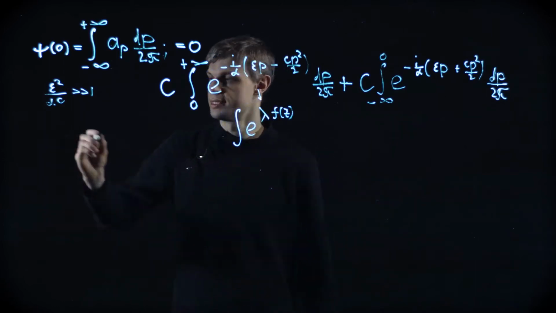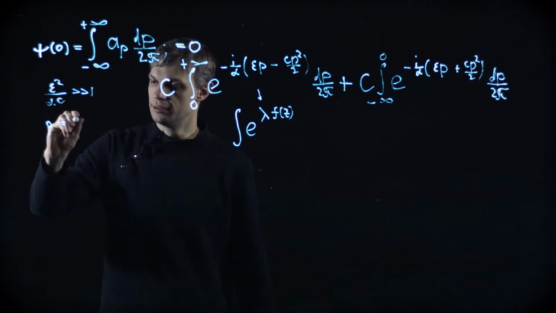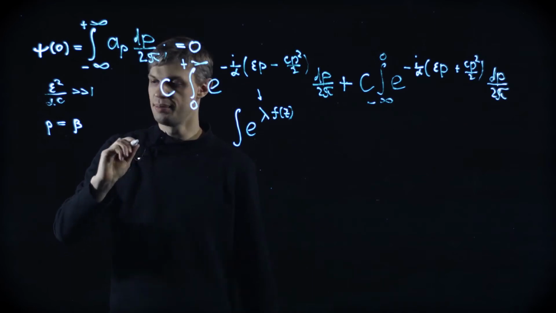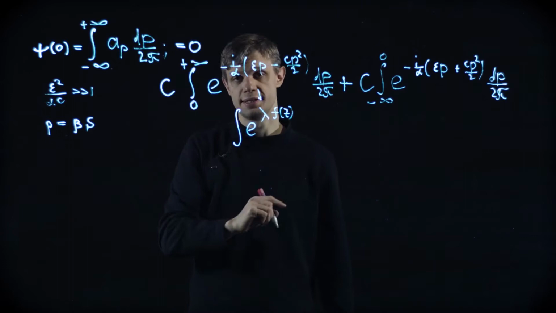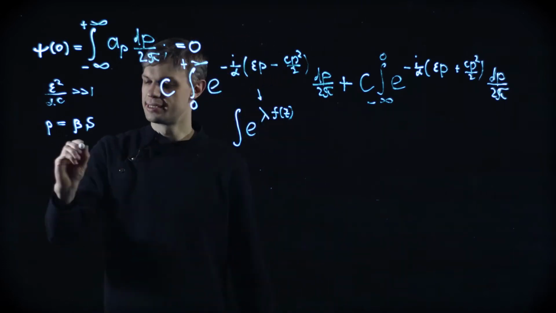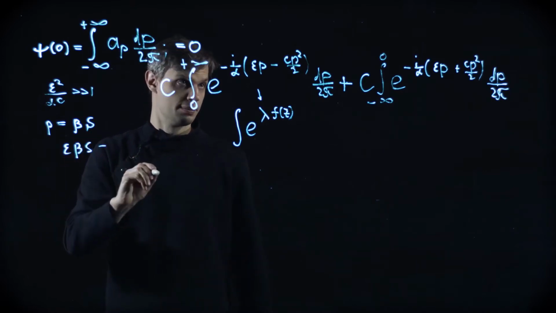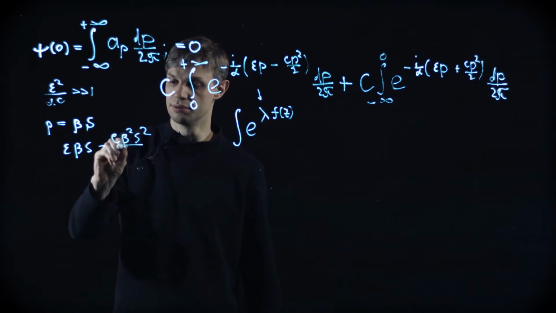So let's do this. p is now equal to beta, where beta is our rescaling parameter, times s. So we plug it into this exponential, and what we get is epsilon beta s minus c beta squared s squared over 2.